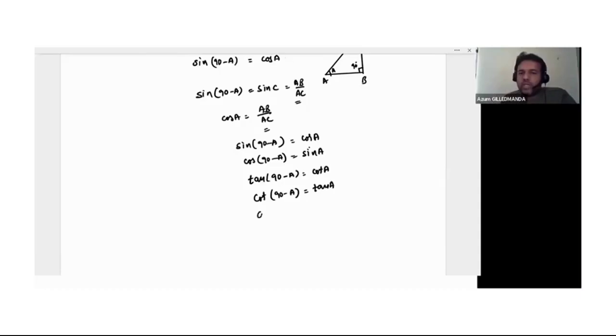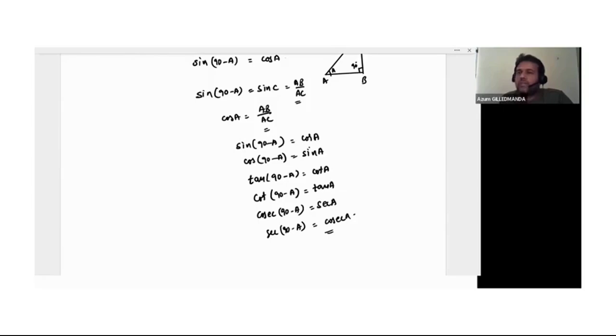And similarly cosecant we have, right? Cosecant 90 minus A is secant A, and secant 90 minus A is cosecant A. So these are the trigonometric ratios for complementary angles.